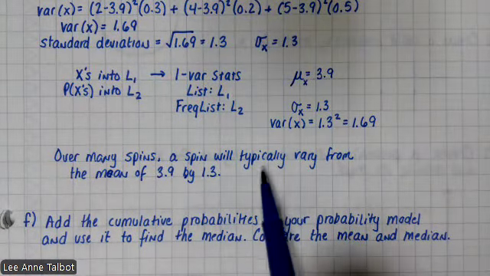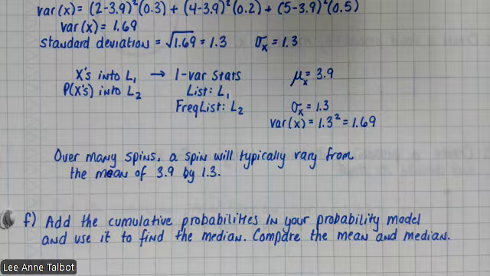So I'm looking for this language: typically vary from the mean, and I'm looking for over many spins because it's not perfect every time. It's staying over a lot of.